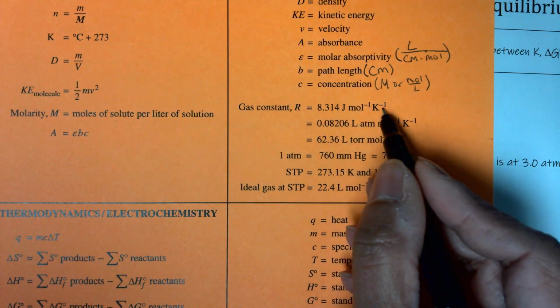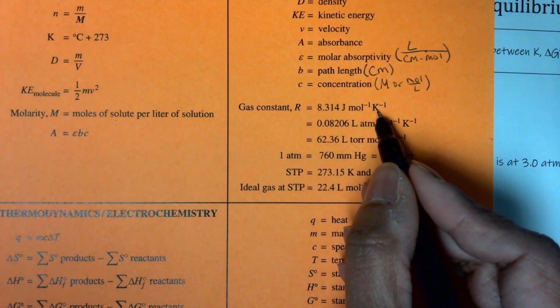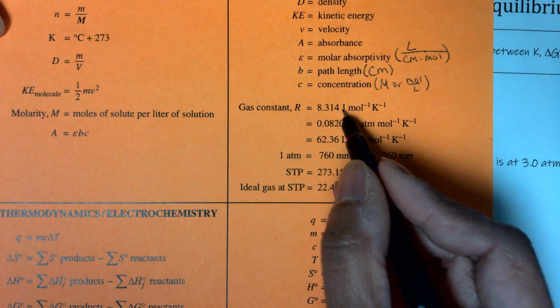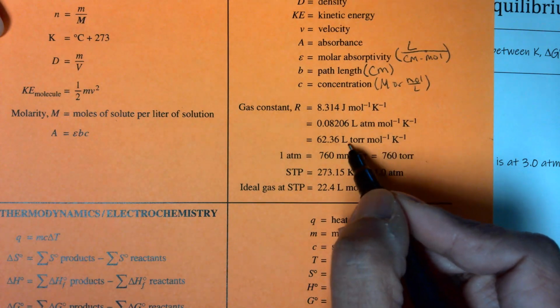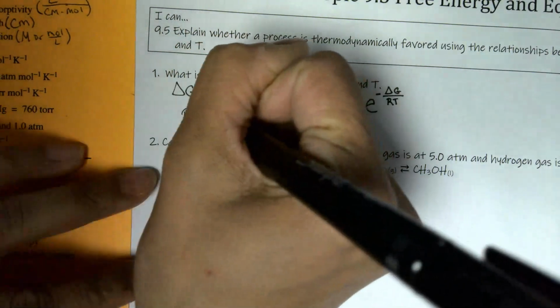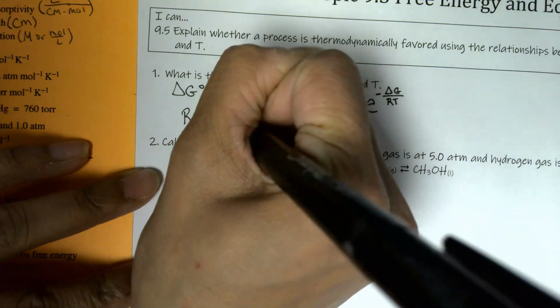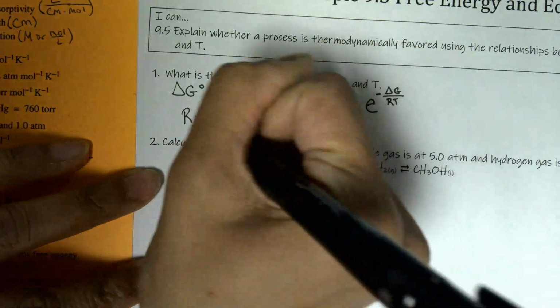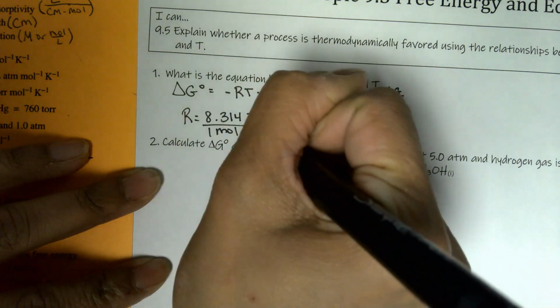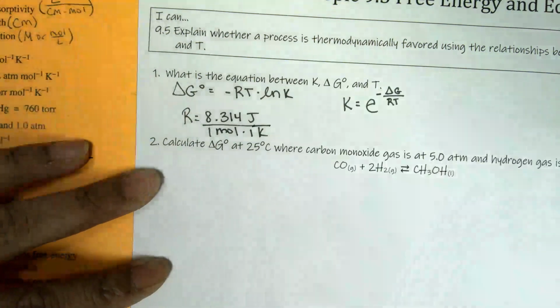This one right here is what we are using now for this R, because this time we're dealing with energy, not pressure and volume. So this value for R is 8.314 joules over 1 mole times 1 Kelvin.